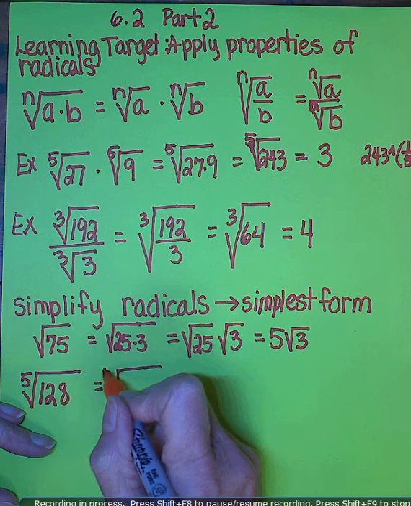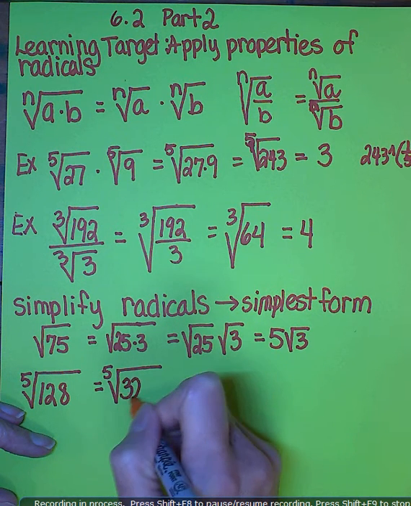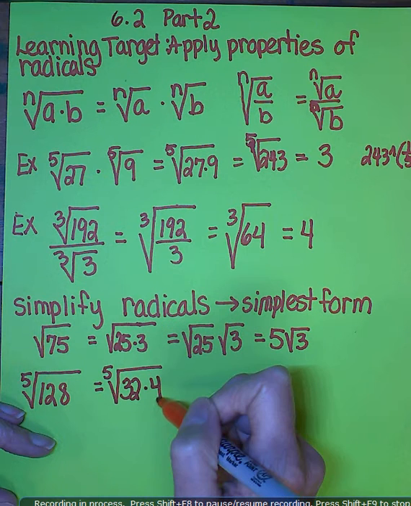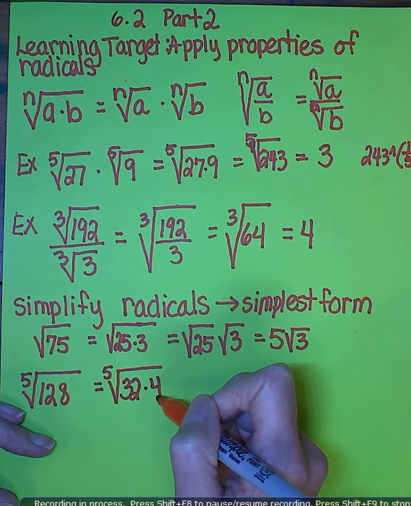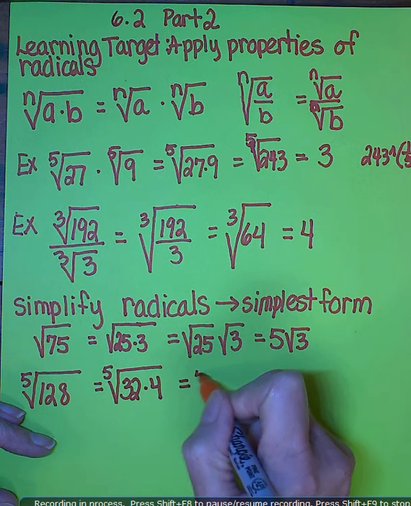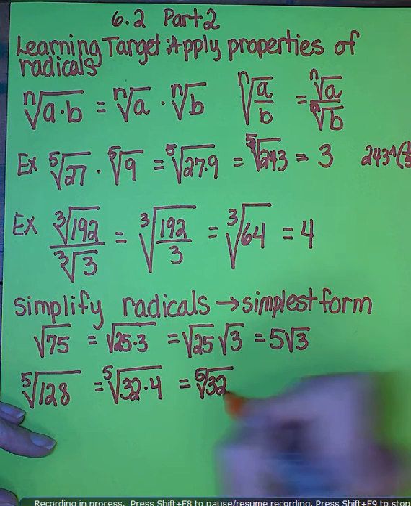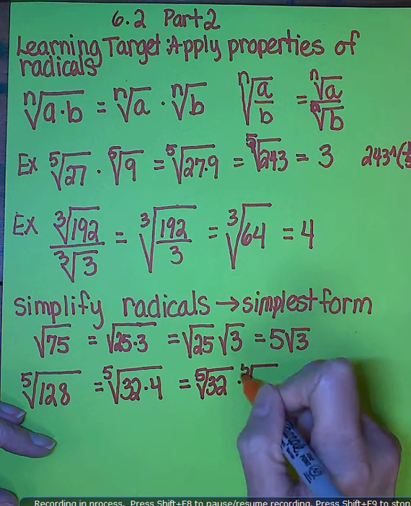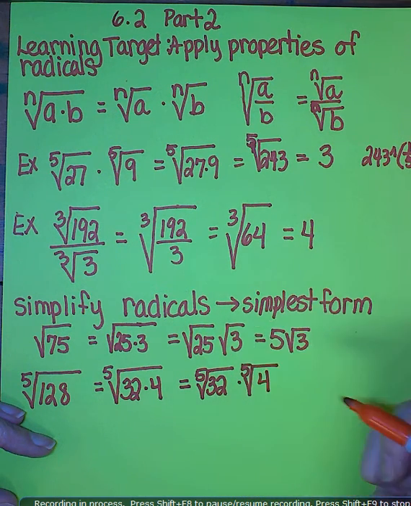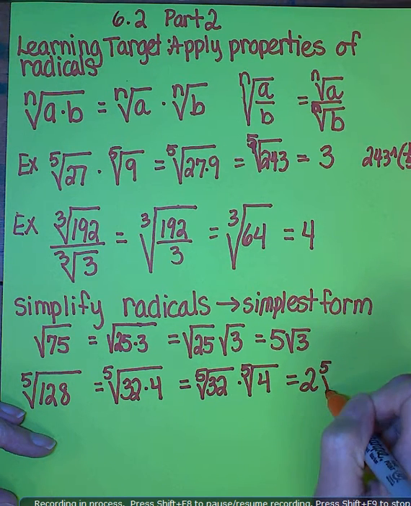And I'm going to see if 32 goes into 128 evenly, and it does. 32 times 4. So when you're working these out, start with 2 and 3, because they're usually pretty small numbers. Separate these apart, just like you did with the square root. The 5th root of 32 is 2, so I can bring that 2 out.